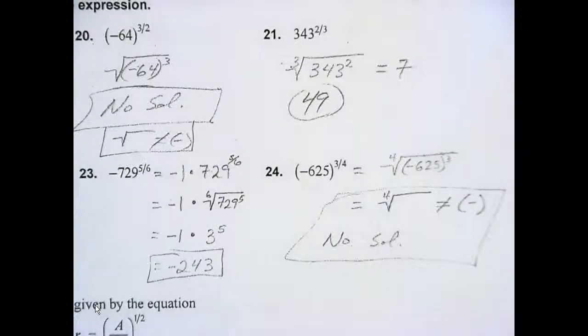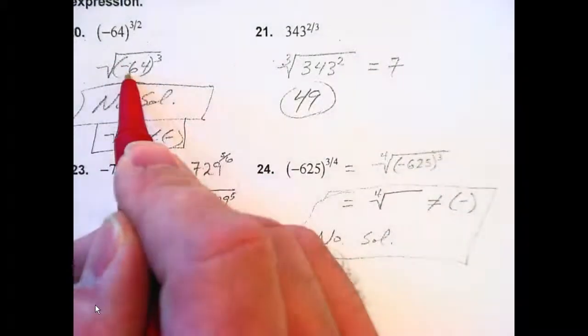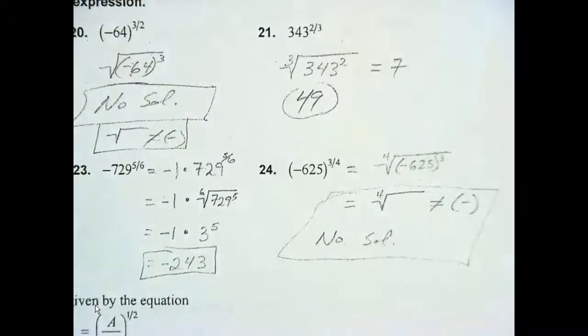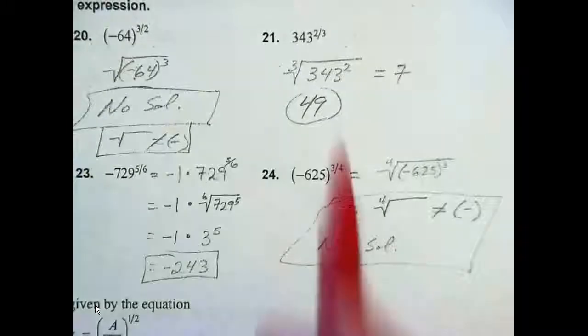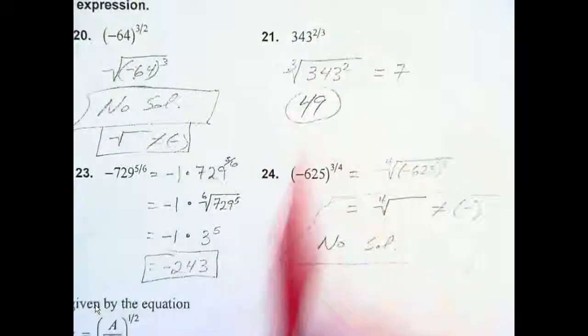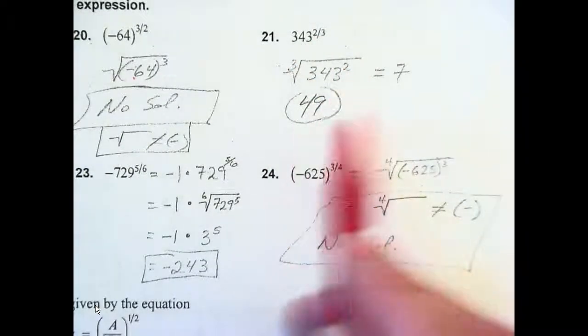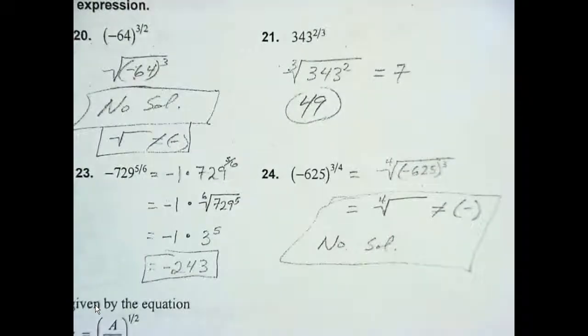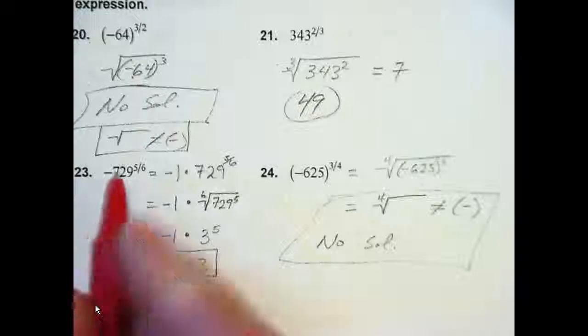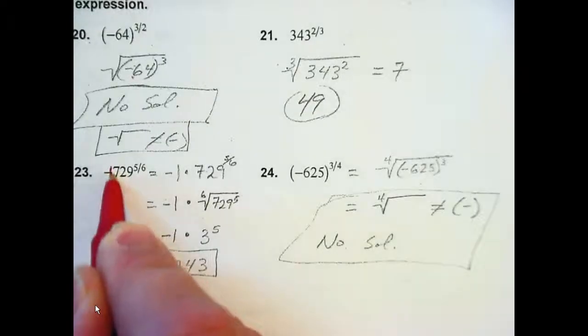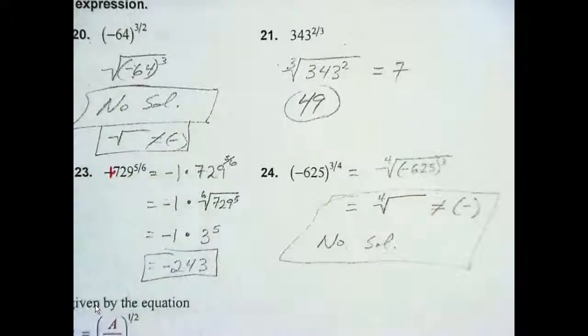Remember, number 20, you can't take an even root of a negative number, therefore it's no solution. Number 21, writing in that format. Now I actually put the squared in there, but it gives you 49. Number 23, notice that negative is not included. It's like having a negative 1 on the outside, so that just gets tacked on at the end.